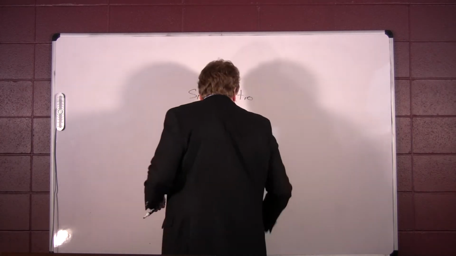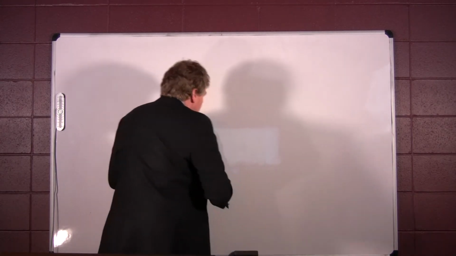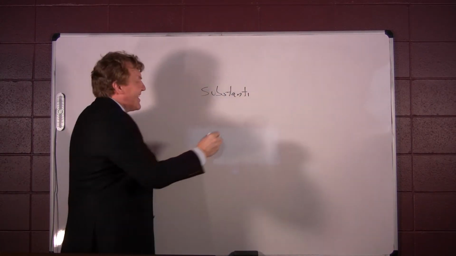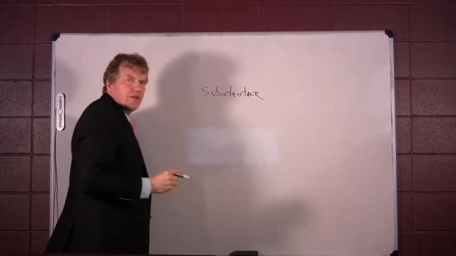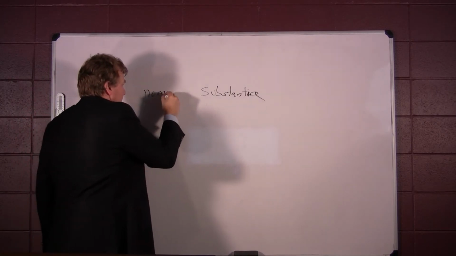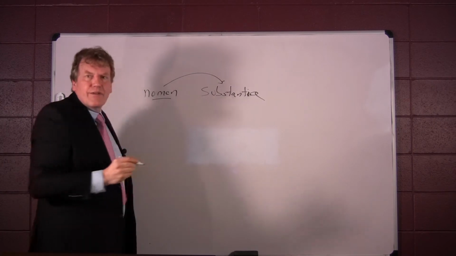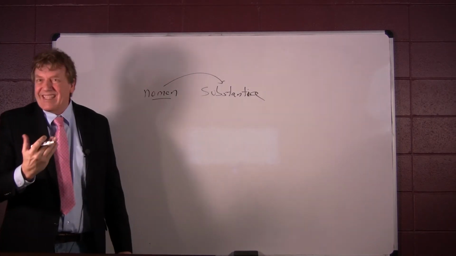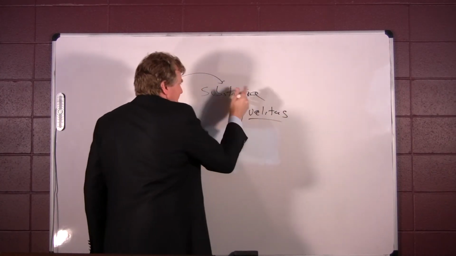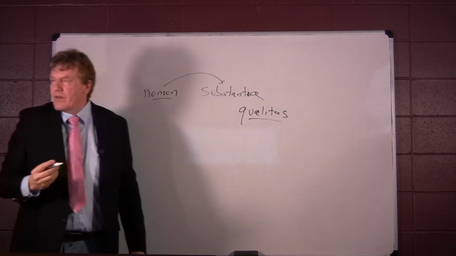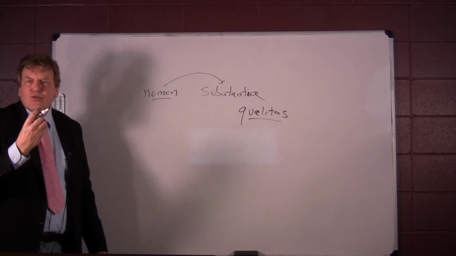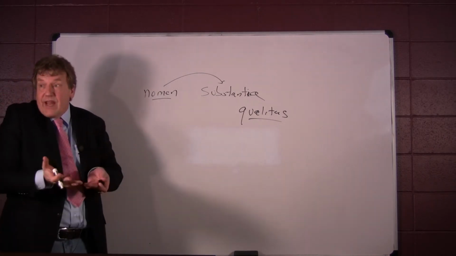Now when we talk about significatio, we end up talking about substantia. The substantia is that which a nomen, a name, signifies, and the qualitas, the quality that the substantia has. The substantia has a proprietas subsistendi, a property of sustaining itself.